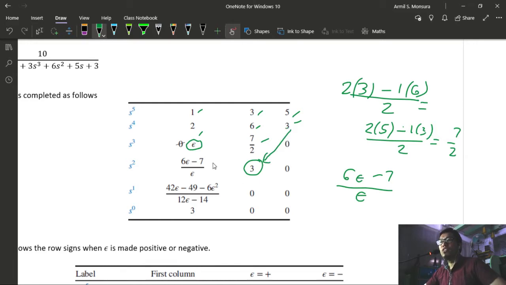Next we will have ito yung medyo complicated ng konti. So we will have 6 epsilon minus 7 divided by epsilon, times 7 over 2, minus 3 epsilon, divided by 6 epsilon minus 7 divided by epsilon.